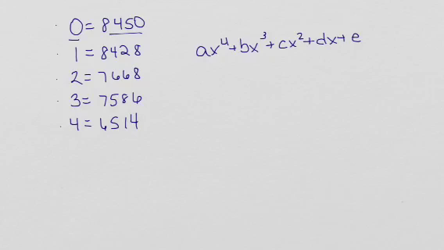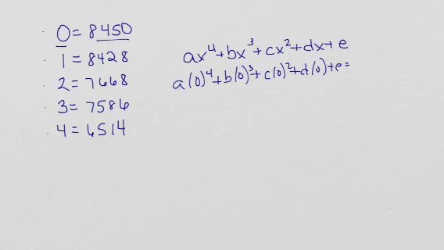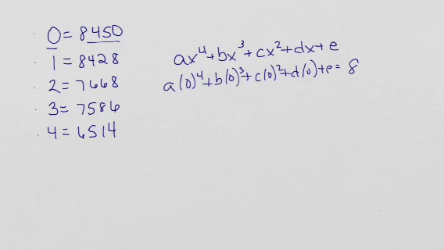So I'm going to start with 0. a times 0 to the 4th power plus b times 0 to the 3rd power plus c times 0 squared plus d times 0 plus e equals 8,450.